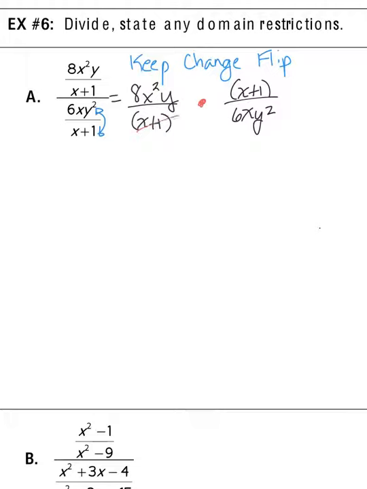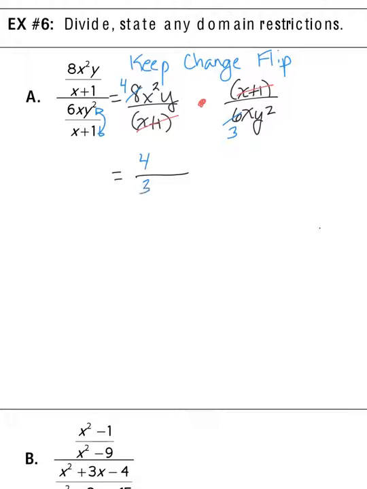So my x plus 1's can cancel. And then my 8 and my 6, they're part of the monomials. They have a 2 in common. So 6 divided by 2 is 3. 8 divided by 2 is 4. So I know I have a 4 up top and a 3 in the bottom.